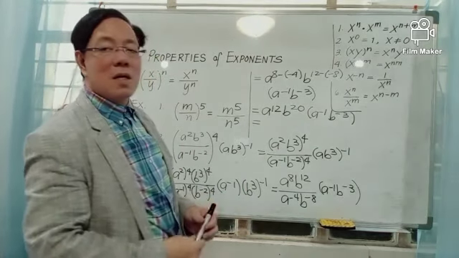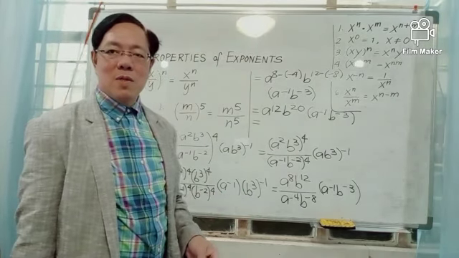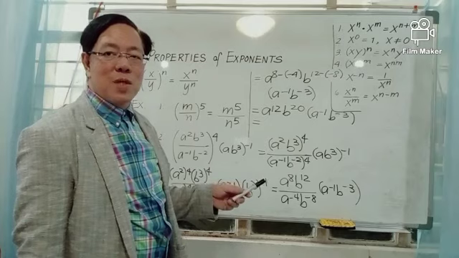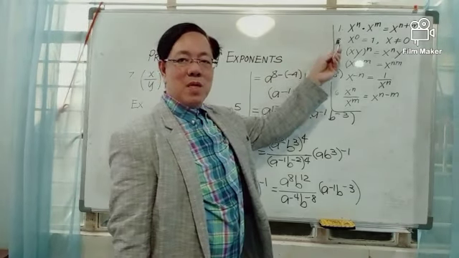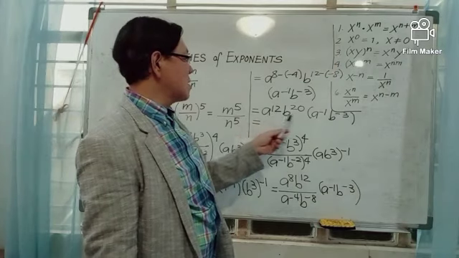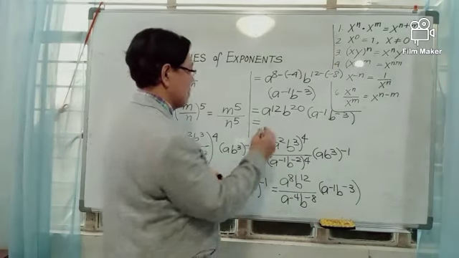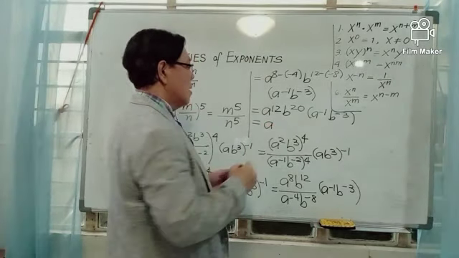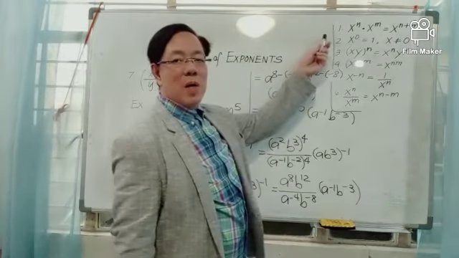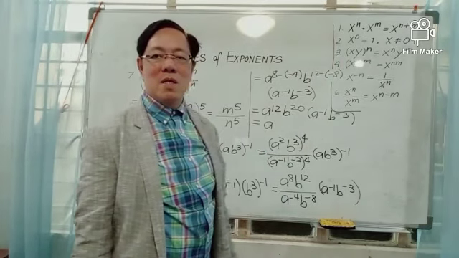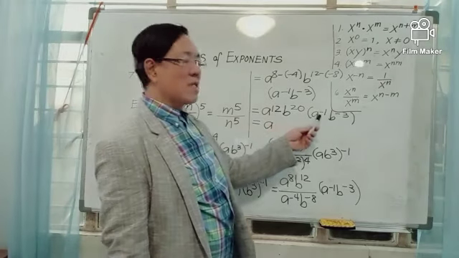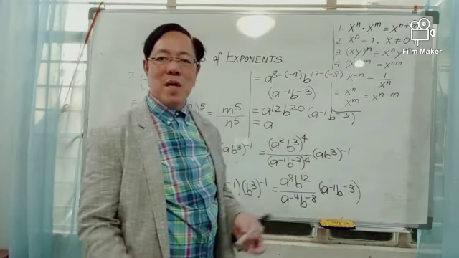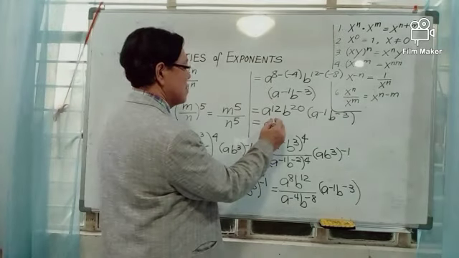Now combine the factors with common base a. Apply the first property of exponent. Common base is a, and the first property of exponent says we add the exponents. Hence, we have 12 plus negative 1, or 12 minus 1, is 11.